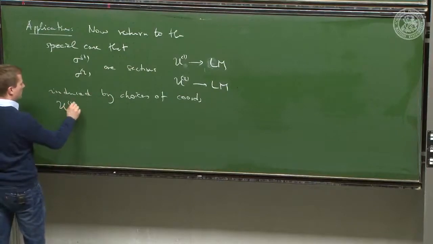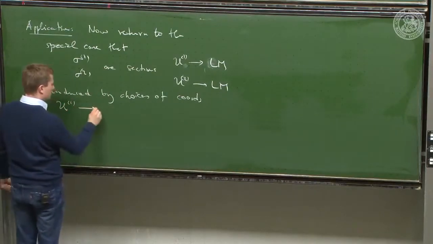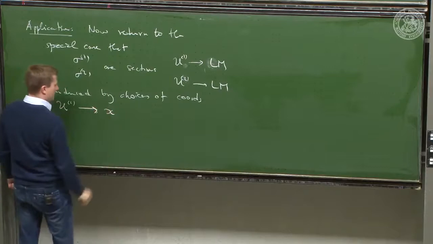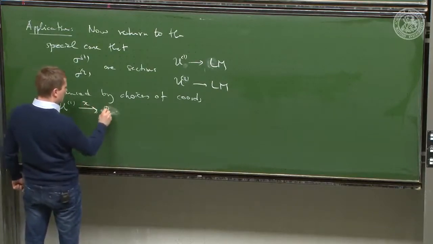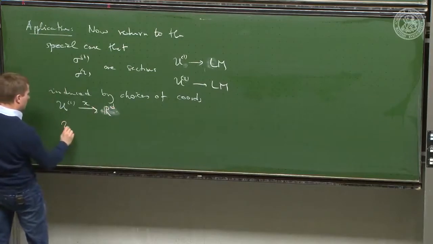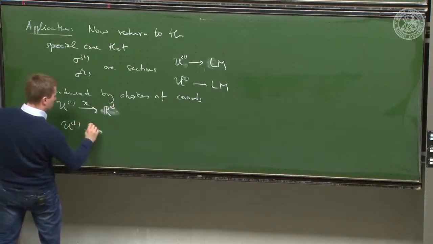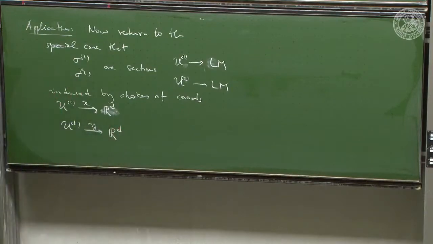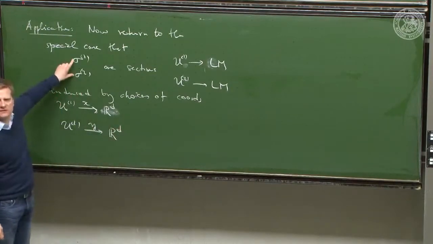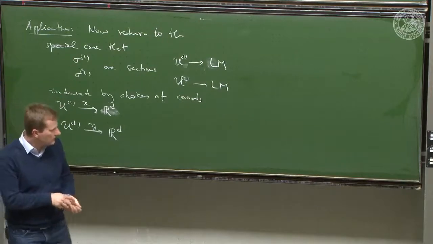Namely on U1, you have a choice of coordinates, let's call them x, down to R^d, and on U2, you have a choice of coordinates y, down to R^d. And then you have the corresponding frames induced.